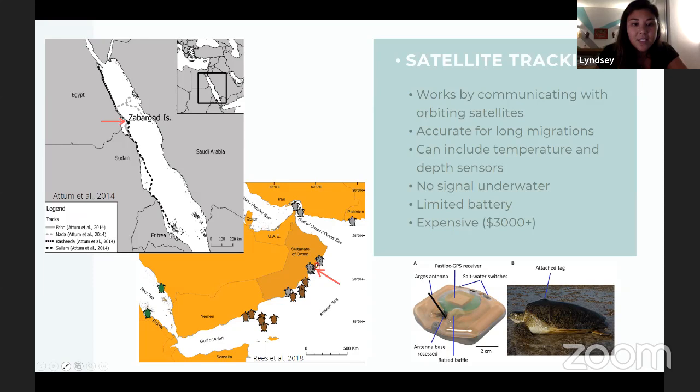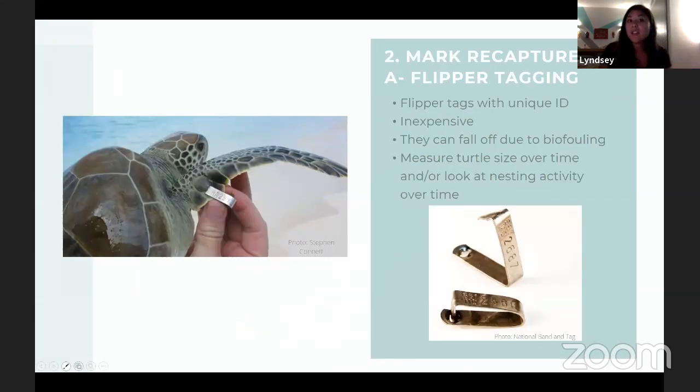Okay, and next we're going to be talking about flipper tagging. Flipper tagging is a form of mark recapture. Each of these flipper tags has a unique ID, so we have to keep really good records of which turtle is which. If, for example, you go to a nesting beach, you can flipper tag all of the females you find.